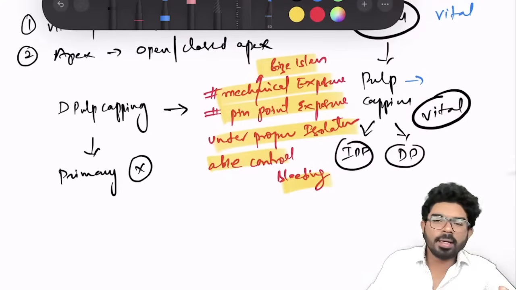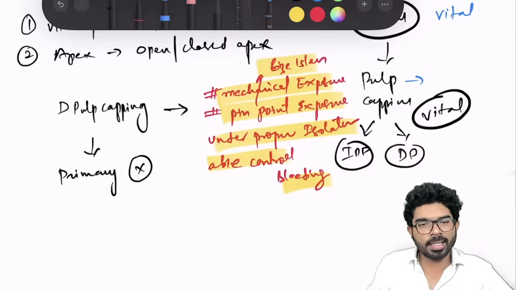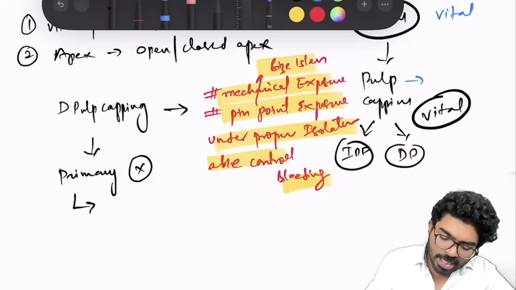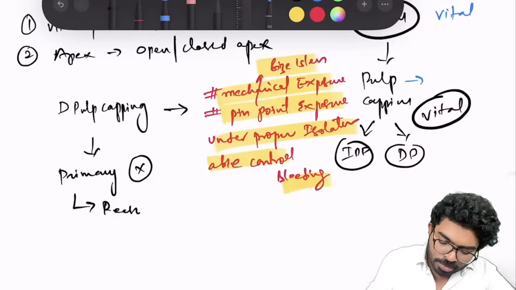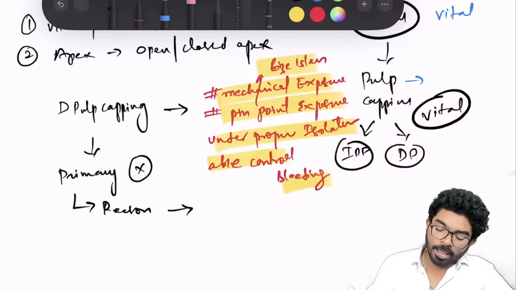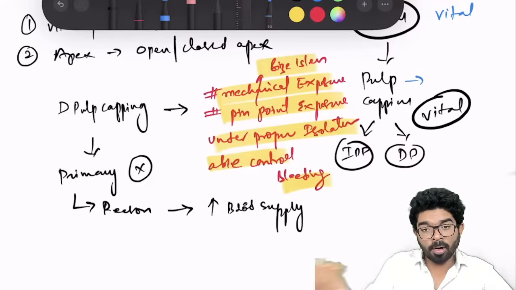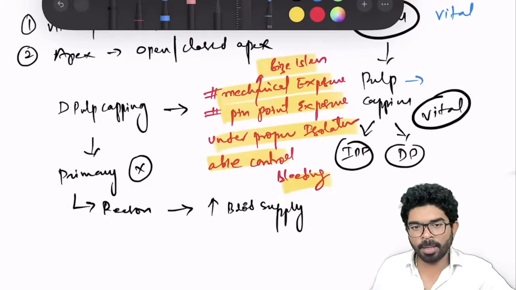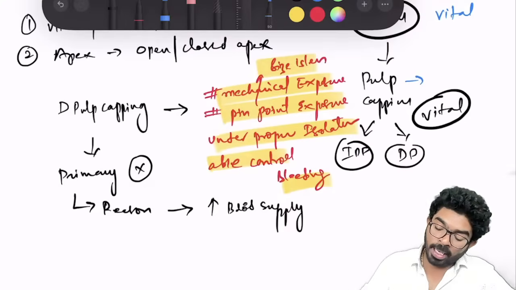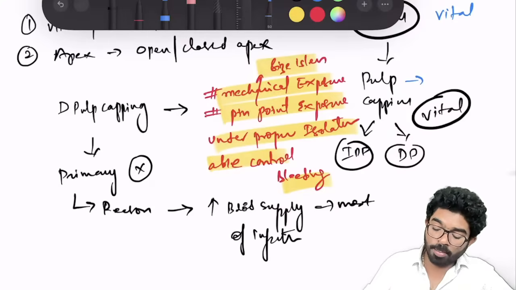Primary teeth, better go with pulpotomy rather than direct pulp capping whenever you have a mechanical exposure. And the reason they have coded, which was given as a question for us in INICET, is because of more blood supply. Primary teeth have more blood supply compared to permanent teeth. Because of more blood supply, the spread of infection is going to be fast.